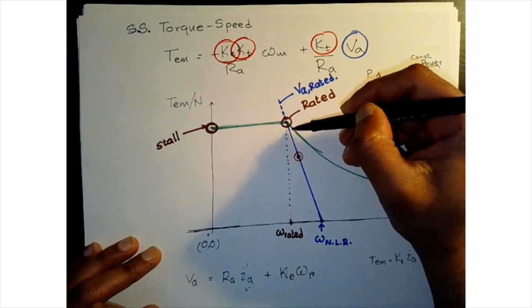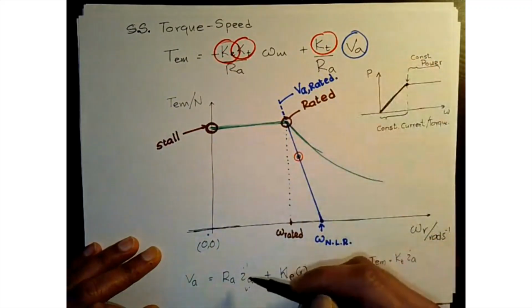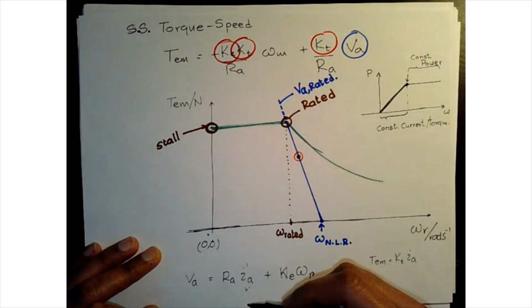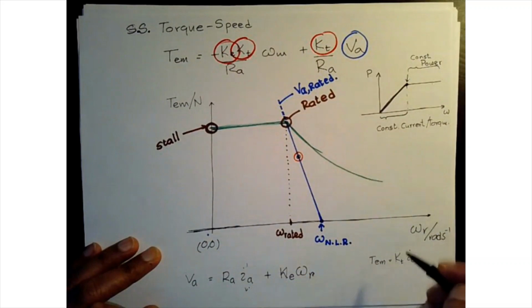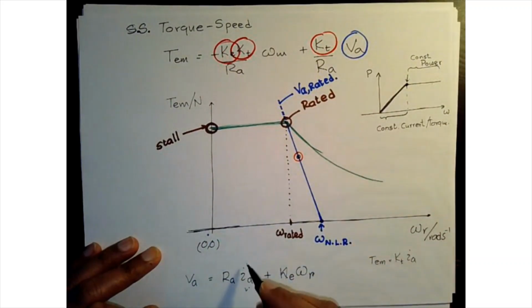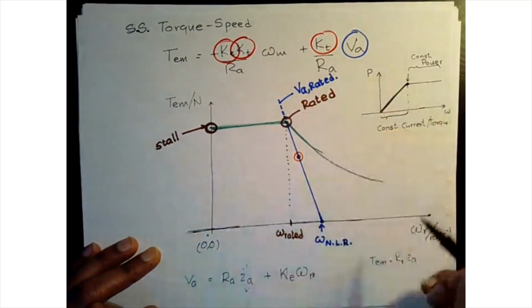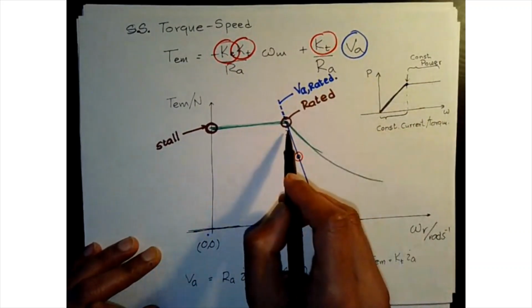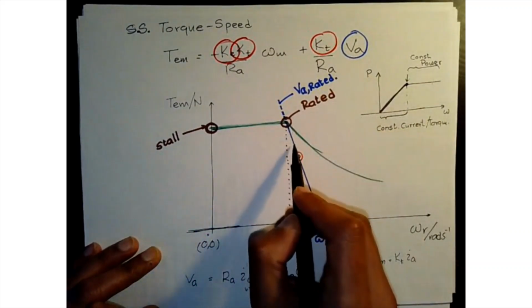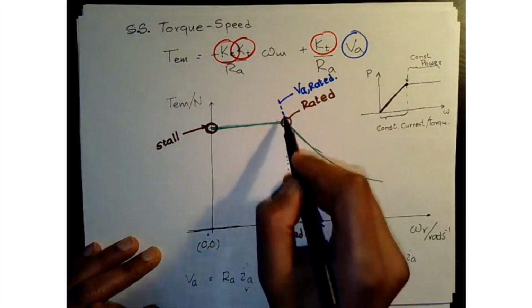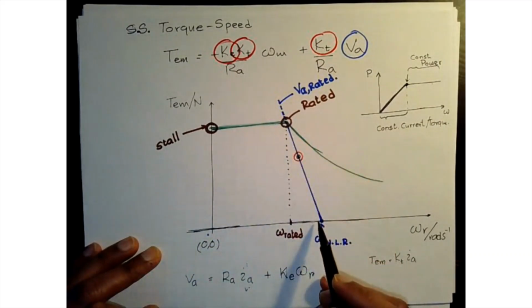Our electromagnetic torque capability will also decrease for that same rated current, right? Your back EMF will drop, your torque will drop.